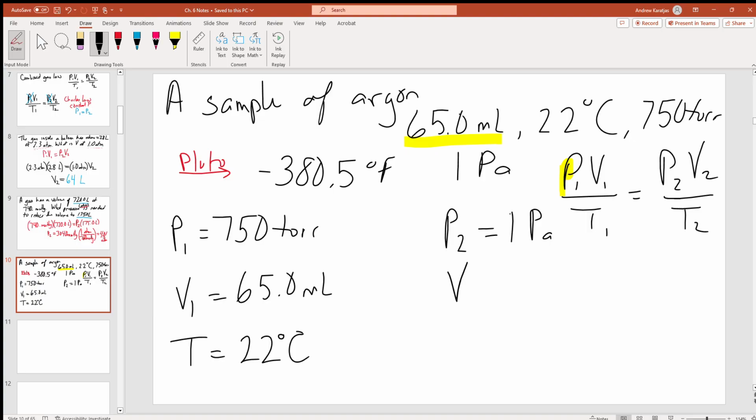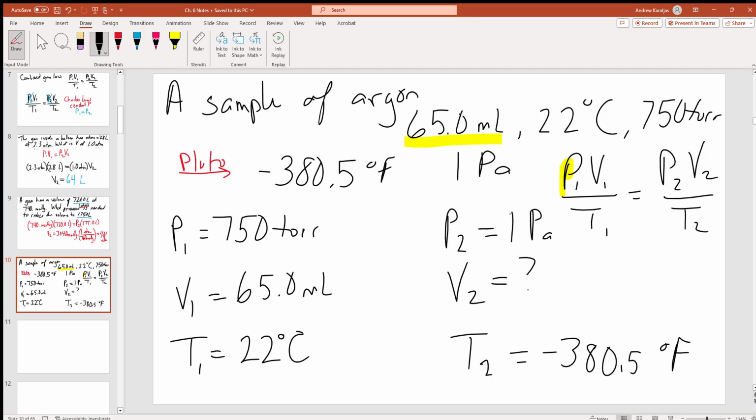V2, that's what we're trying to determine. And T2 is negative 380.5 degrees Fahrenheit.